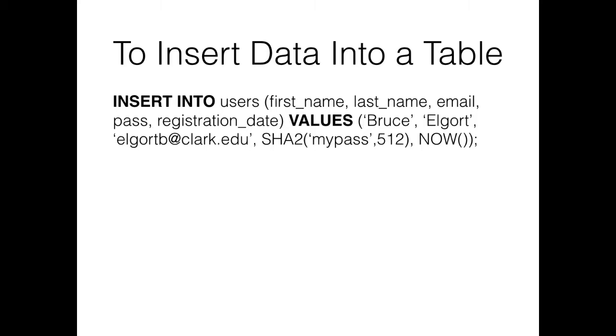It's going to use some encryption that you'll learn about soon. And then it's going to use another function called now, which happens to be the date and time, right? So look at registration_date. The now function is going to return the date time that's currently on the server.